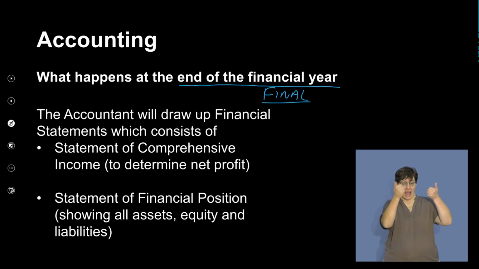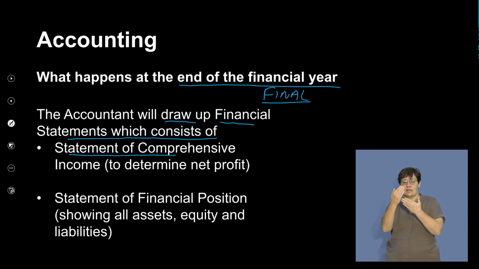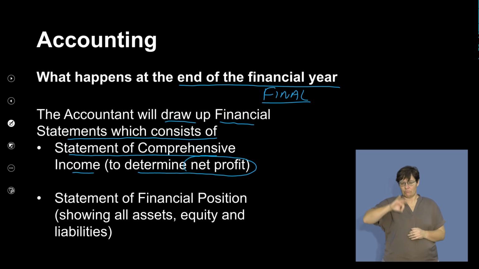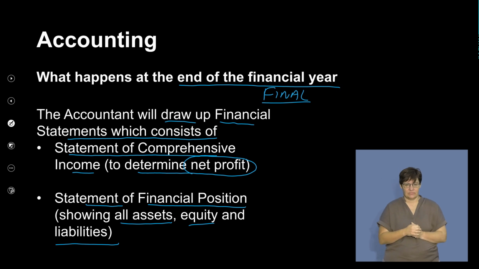The accountant will draw up financial statements which consist of your statement of comprehensive income, which is the income statement, to determine net profit, and then also the statement of financial position showing all your assets, equity, as well as liabilities. Again, this happens at the end of the financial year.